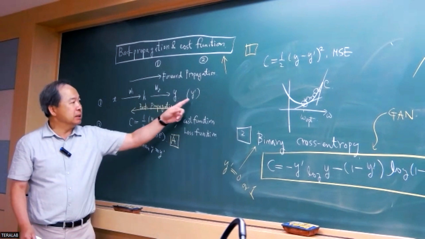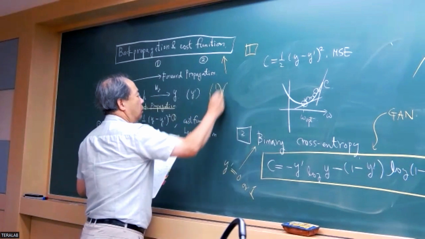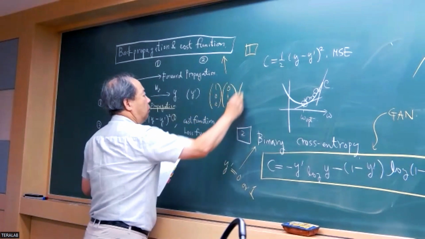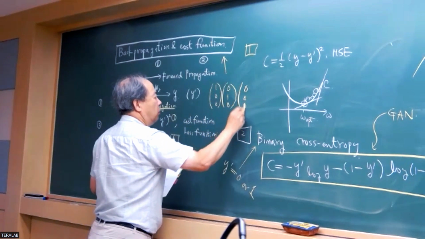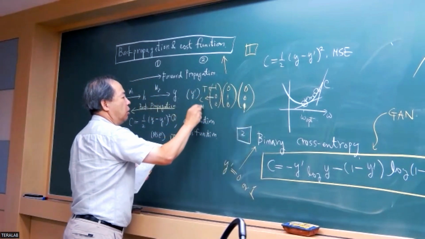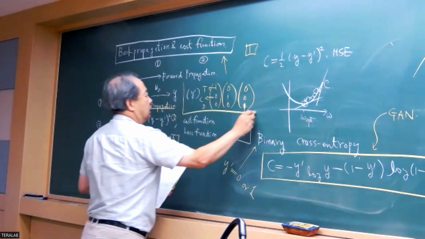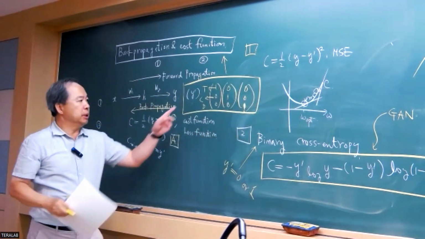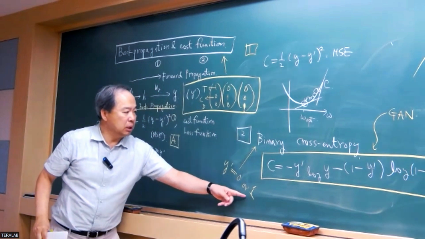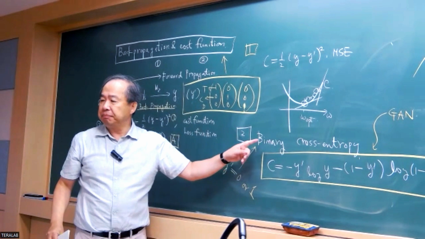So y dash is actually a vector like 0, 0, 1 or 0, 1, 0 or 1, 0, 0. This is tiger, this is cat, this is dog. Y dash is only 0 or 1, and this is my personal expression that is called binary.